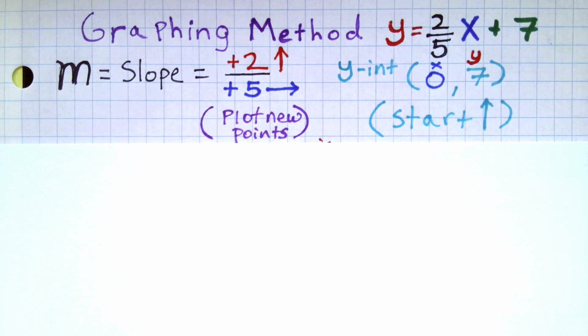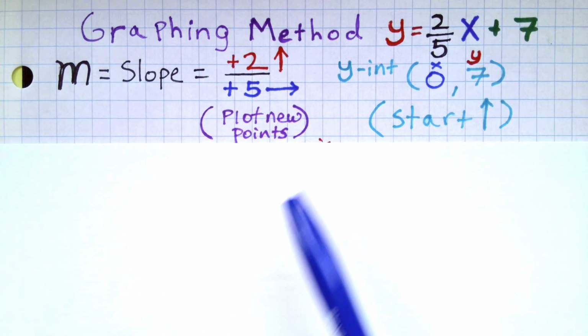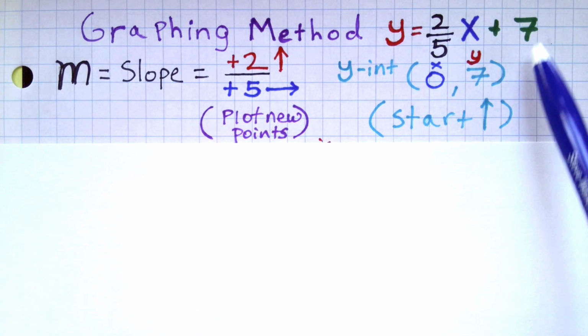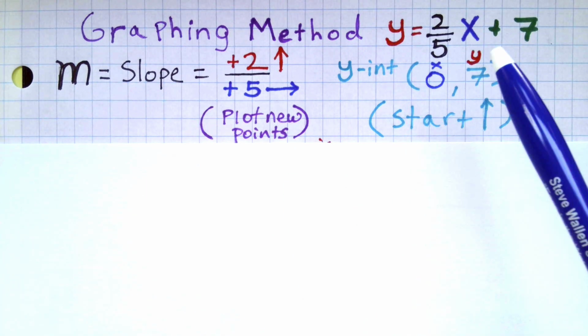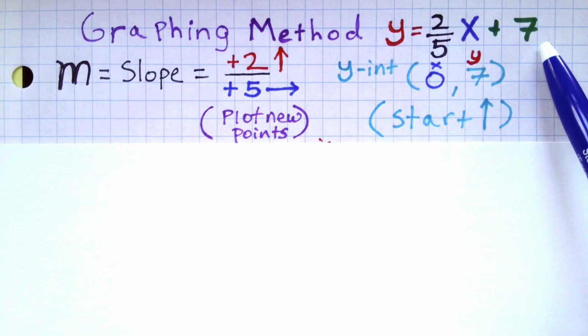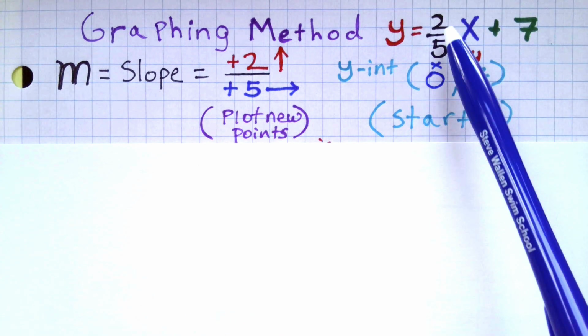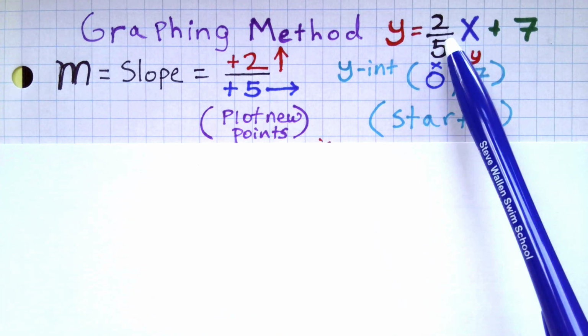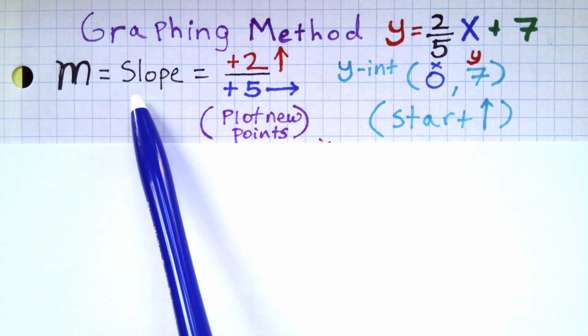In this part 5 video, we're going to take the information that we organized based upon our linear equation, y equals 2/5 times x plus 7, from the previous part 4 video, where I explained that the value in front of x is our slope, right?